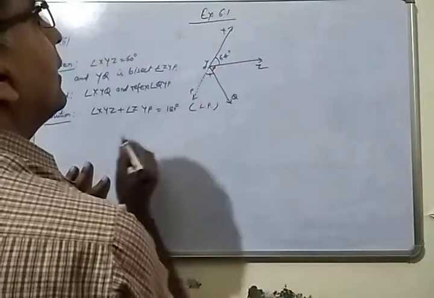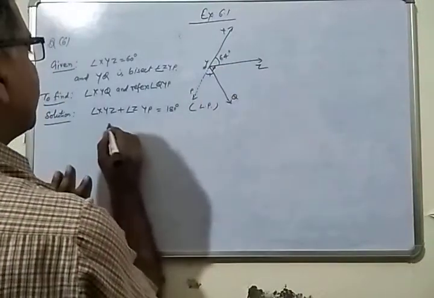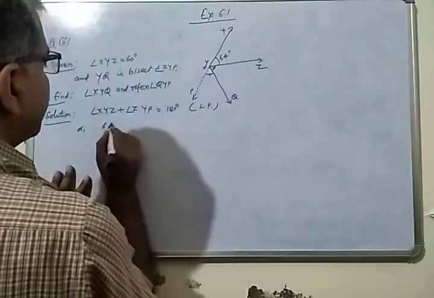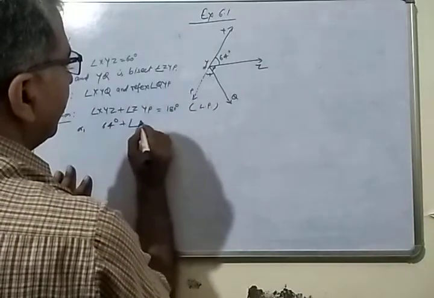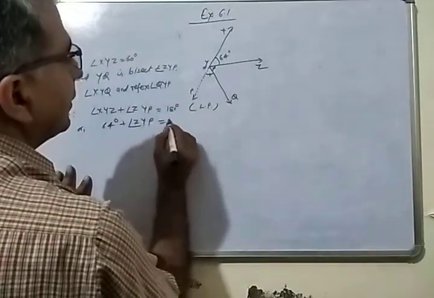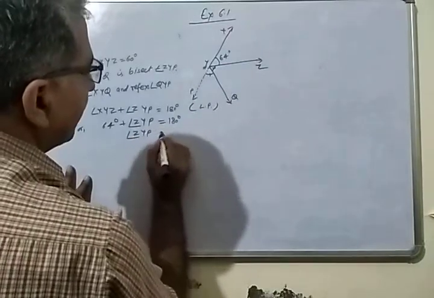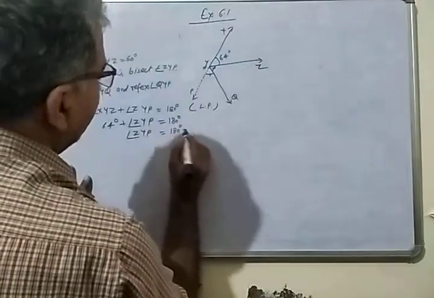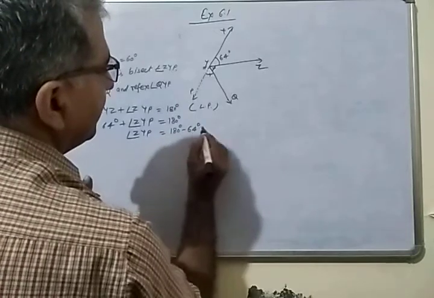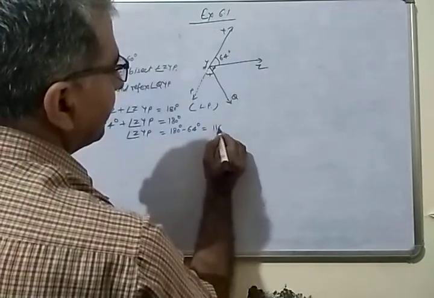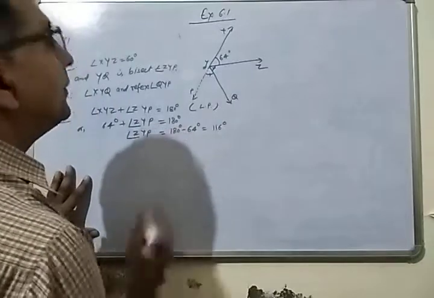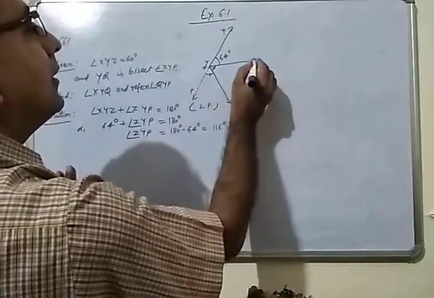Now putting XYZ as 64 degrees, 64 degrees plus angle ZYP equals 180 degrees, or ZYP equals 180 degrees minus 64 degrees, which equals 116 degrees.